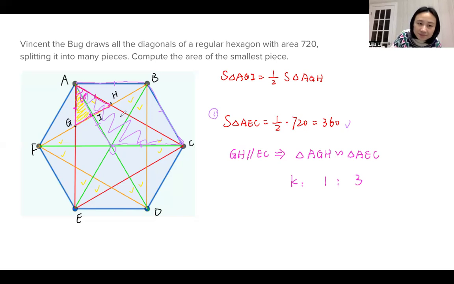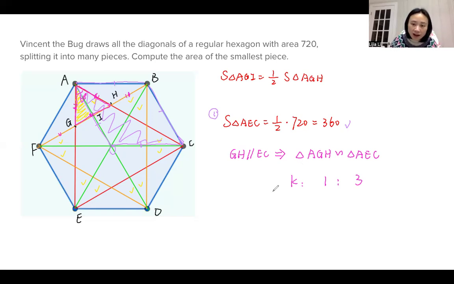And we know BH is congruent to AH. Similarly, FG is congruent to AG, which means all these 5 side lengths are equal.